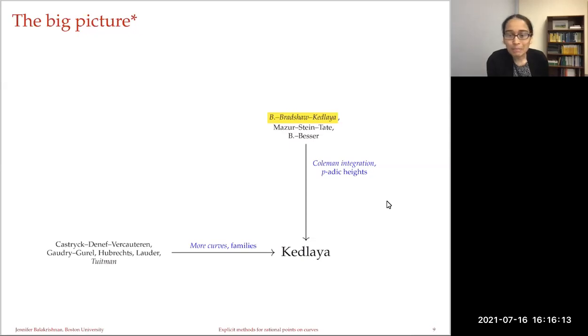All right, so you can imagine combining these two directions and taking, for instance, Coleman integrals on more curves, or looking at Coleman integrals in families of curves, or p-adic heights on more curves, or p-adic heights in other families of curves. So what Jan Tuitman and I did was to study Coleman integrals for more general curves, building on his zeta function algorithm.